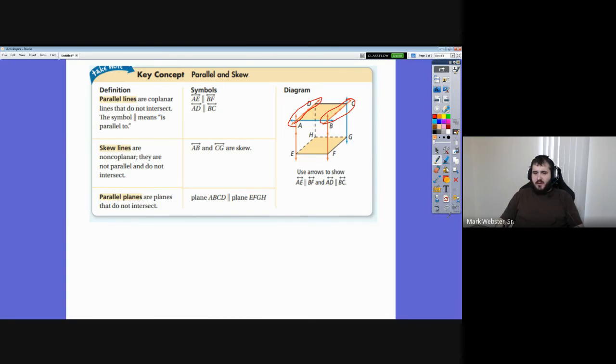But for example, if we look at line AD and line CG, you see how not only do they not touch, but they're going completely different directions from each other. One of these is going sort of into the page, and one of these is going up and down.